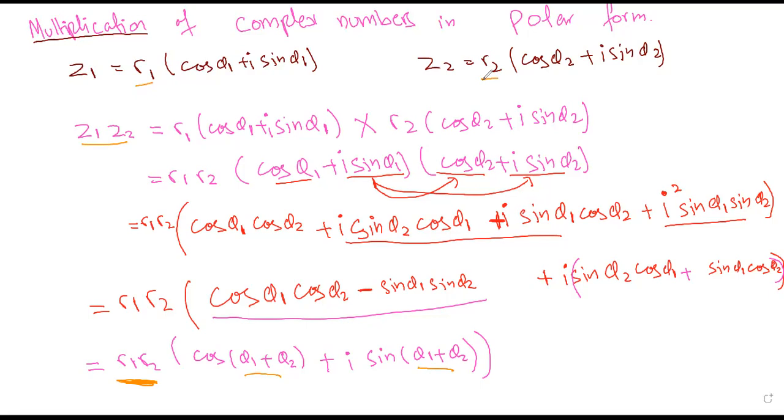So did you understand this completely? Yes. All right. So before talking about its division and all that, let's just do an example just so things make more sense. Let's say, for an example, I have z1 as 10 (cos 2 pi by 7 plus iota sine 2 pi by 7).